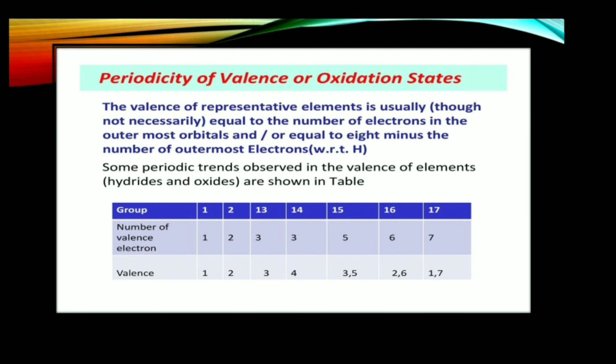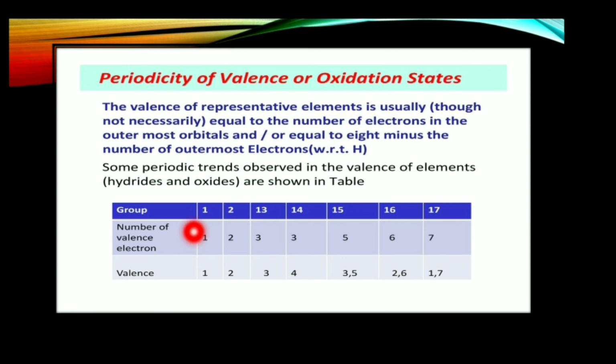With respect to the oxygen scale, valency goes on increasing because the number of valence electrons goes on increasing. See, 1, 2, 3, 4, 5, 6, 7, then 8 for the noble gases. Here make a correction, 14, 4.